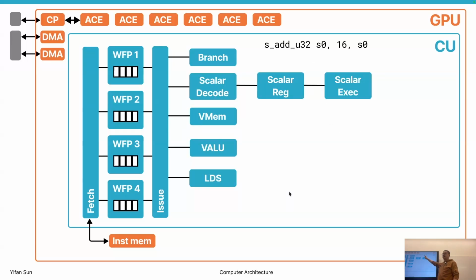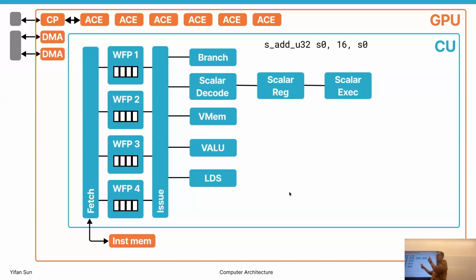Okay, let's look at the simplest pipeline, the scalar pipeline. The scalar pipeline first has a decode unit, which will parse the instructions and control the rest of the pipeline stages to do the right thing. We'll see pipeline design when we talk about CPU cores, but here let's just consider there are multiple stages.